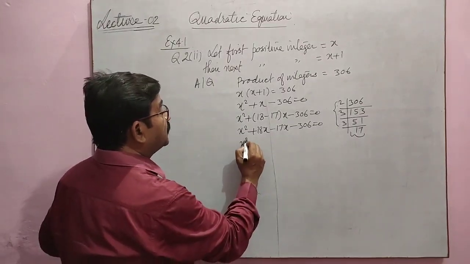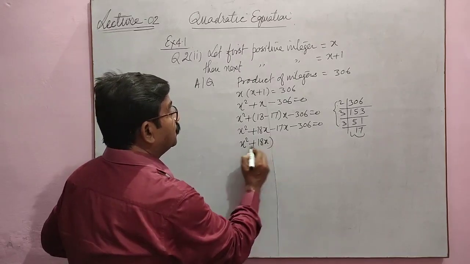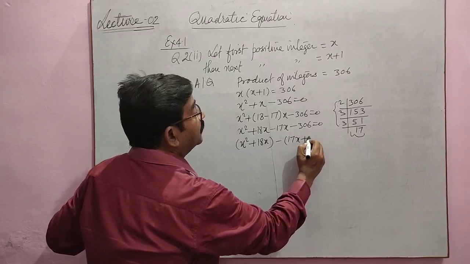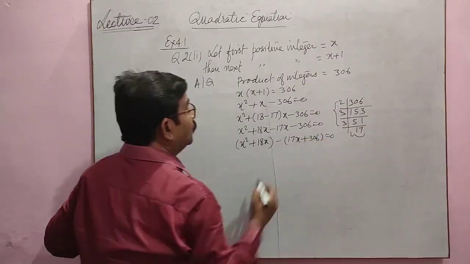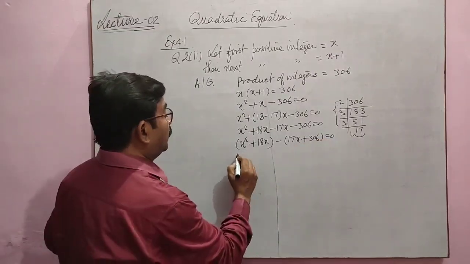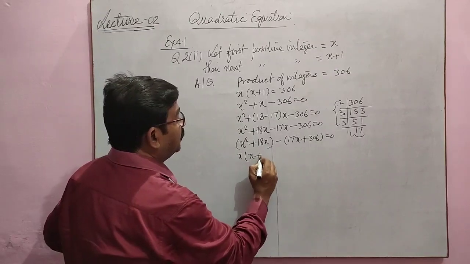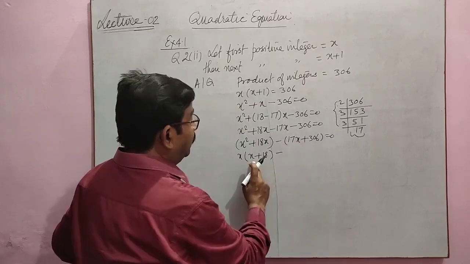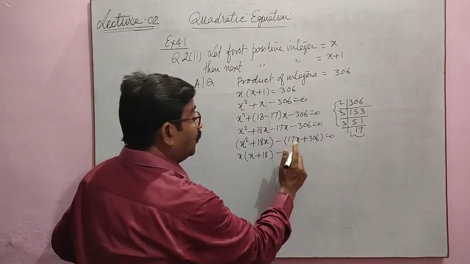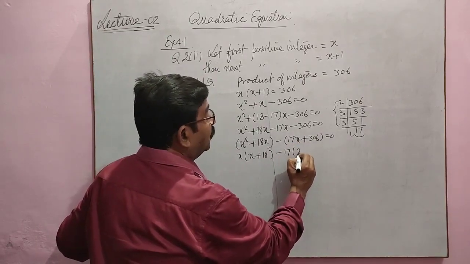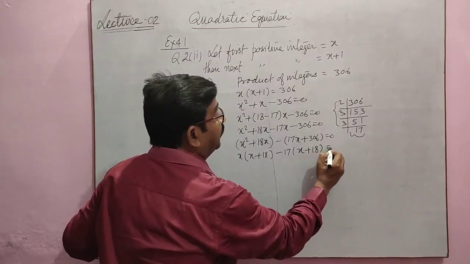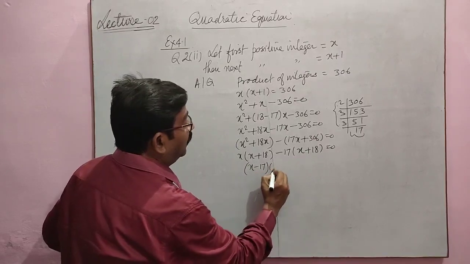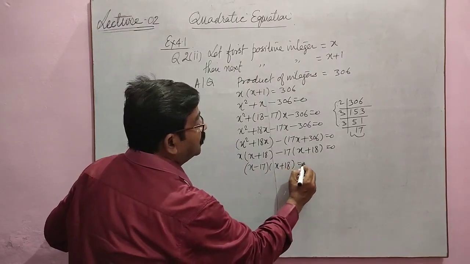So we have x² + 18x together, minus taking outside, this is 17x + 306 = 0. x is taken as common. So we have x + 18, minus, here we are having x, so 17 can be the common. So 17 is common. We have x + 18 = 0. Now we have (x - 17)(x + 18) = 0.